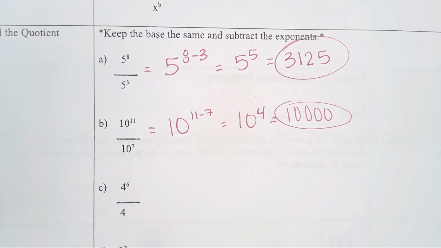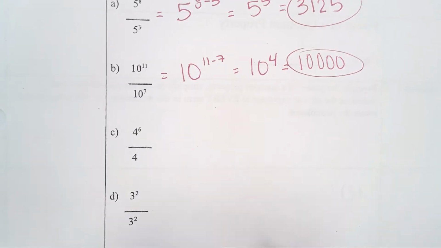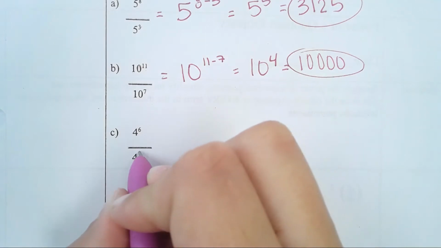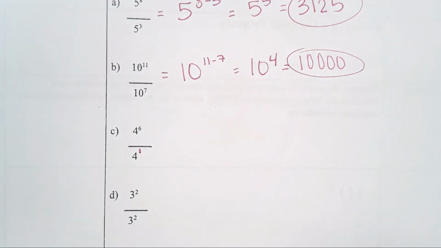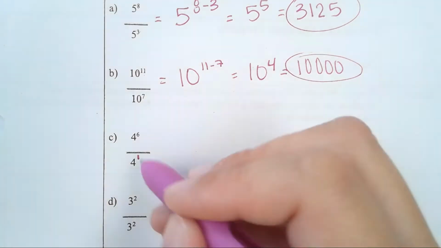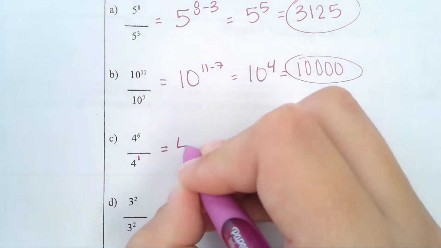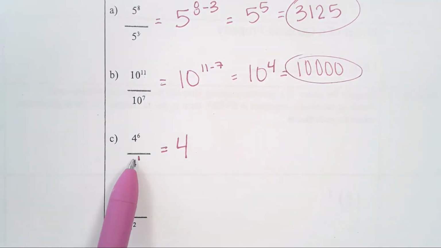Okay, so let's try the next one. We have 4 to the 6th divided by 4. Remember, if there's no exponent with a number, you can add the imaginary 1 to it because 4 is the same thing as 4 to the 1st power. So that when you simplify this, you keep your base of 4 and then you subtract your exponents.